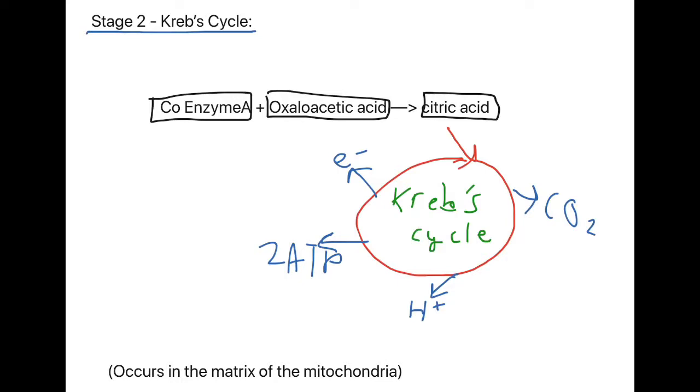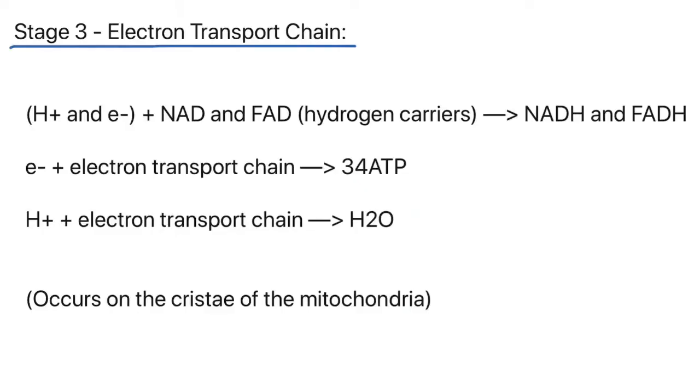So remember guys, as I'm going through, feel free to pause and get this notes down, because I'm going quickly today. The next stage, or the final stage I should say, is the electron transport chain. So basically, NAD and FAD are hydrogen carriers, and they bind to these protons and electrons to form NADH and FADH, or you could say reduced NAD or reduced FAD.